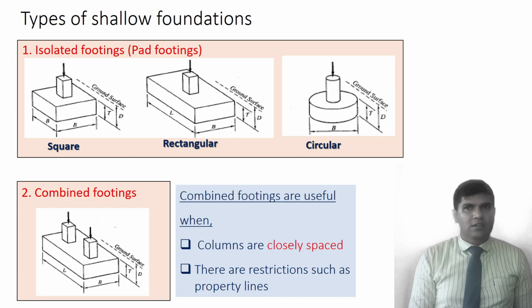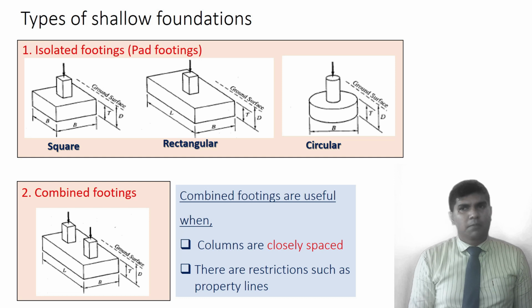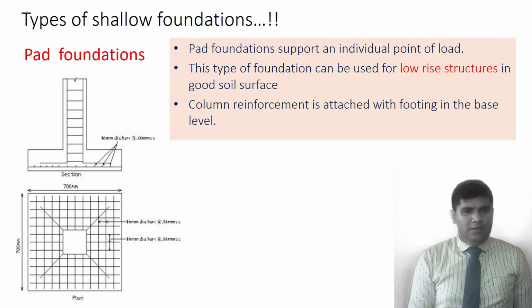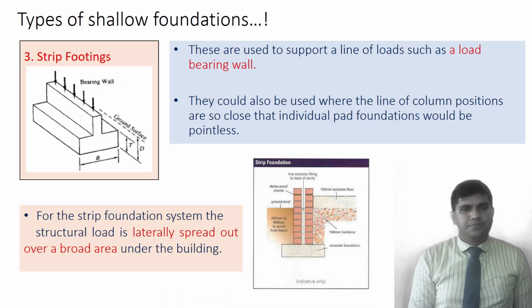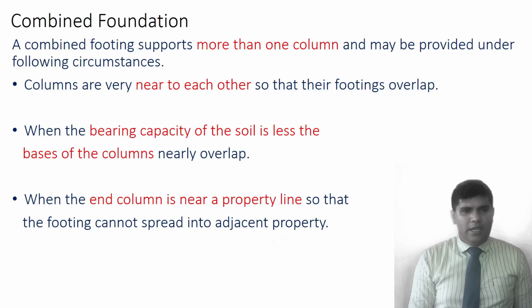Especially where the columns are very close, we can go with the combined footing compared to the individual pad foundation. Some reinforcement detailing here in this figure: the reinforcement detailing for the base and the elevation views are illustrated. And the strip footing is commonly used in boundary wall constructions and load bearing walls.